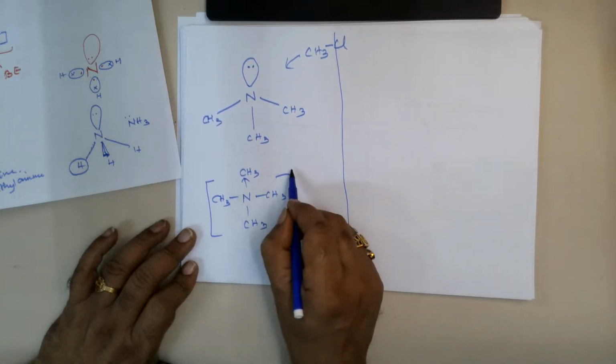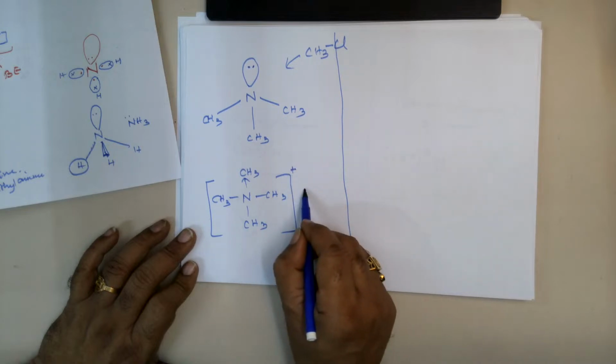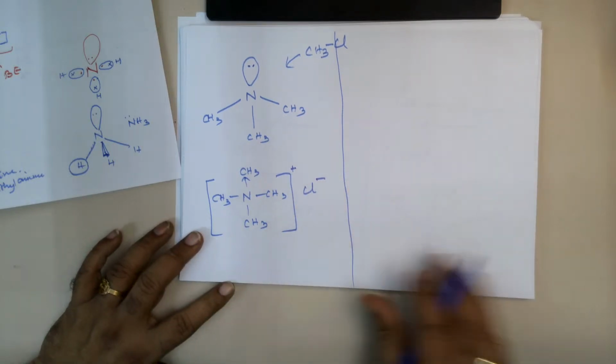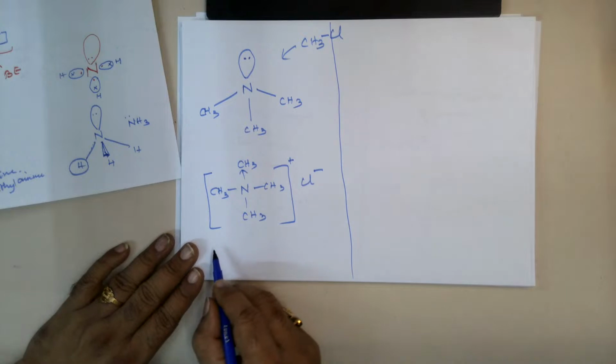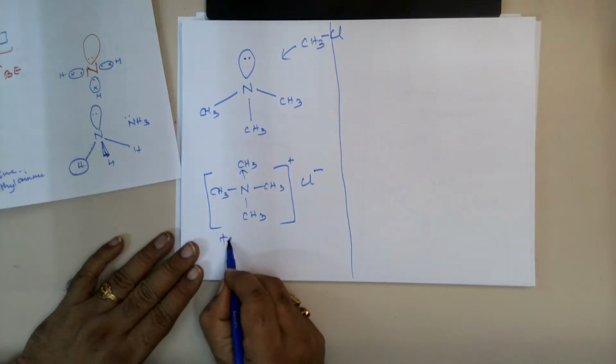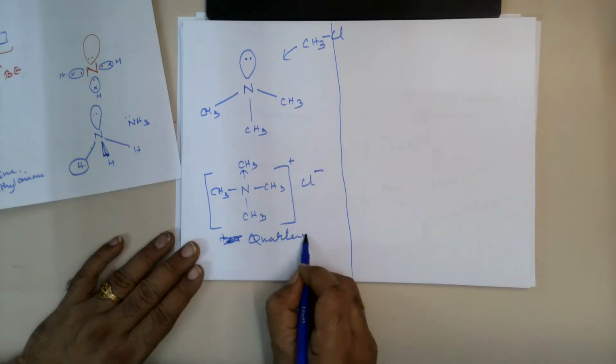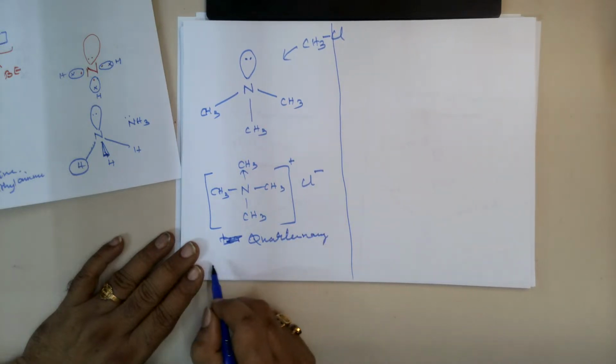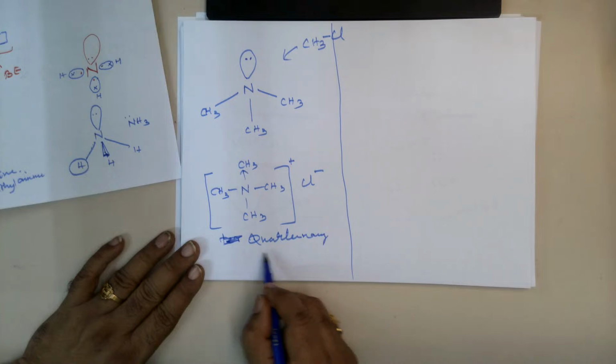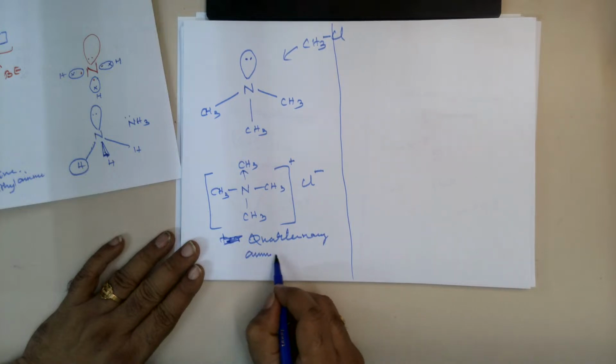So it becomes N plus, and this is Cl minus. So this becomes an ionic compound that is called tertiary, not tertiary, quaternary ammonium salt.